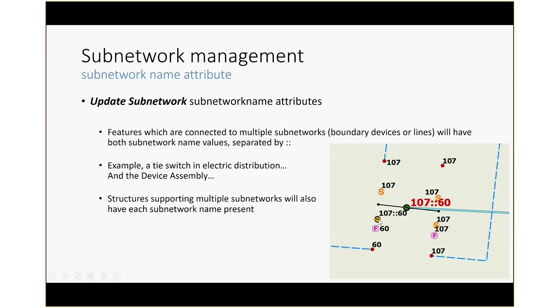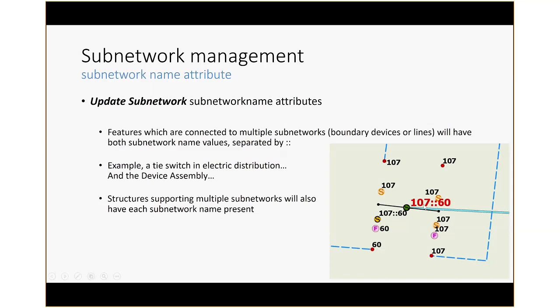This tells us that the subnetwork 60 that you can see coming in from the bottom part has connectivity and it stops at that switch because it's open. Well, 107, its circuit also has connectivity to that switch, through the bus bar. Once that switch is closed, that's what allows the flow to come from either side. So that individual device actually participates in multiple circuits, multiple subnetworks.